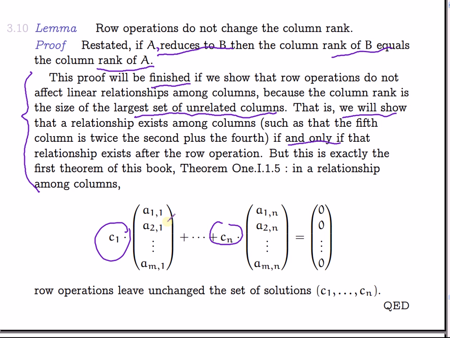So if I have a relation among the columns of the original matrix, I'll have the same relation among the columns of the row-reduced matrix. It's a little bit confusing. Think about that. But basically the idea is that row reduction doesn't change this relationship because this relationship represents the solution of a homogeneous system of equations.